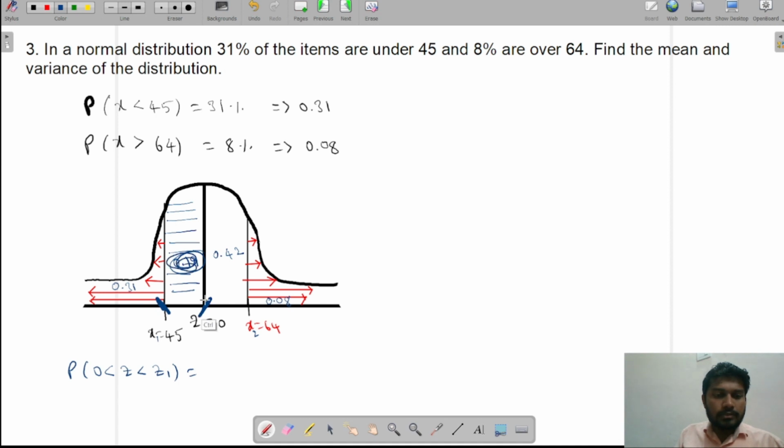Tell me. 0.19. And now from point 0 to this point, can I say 0 less than z less than z2? Yes. So what is the area from 0 to z2? 0.42. I think everyone is clear till here, right?